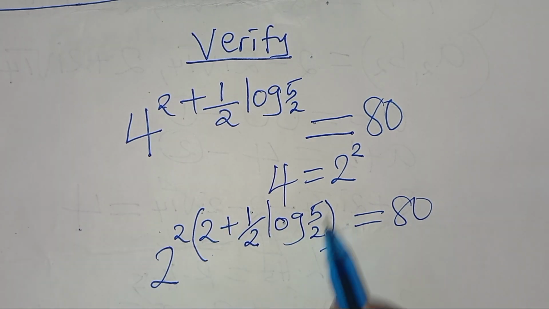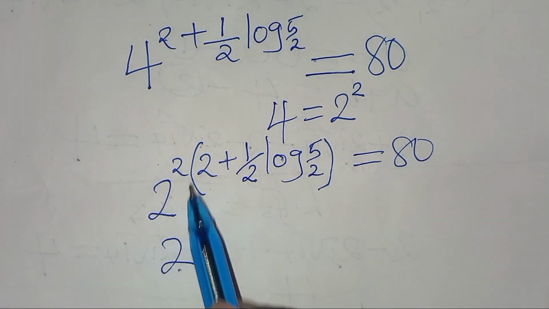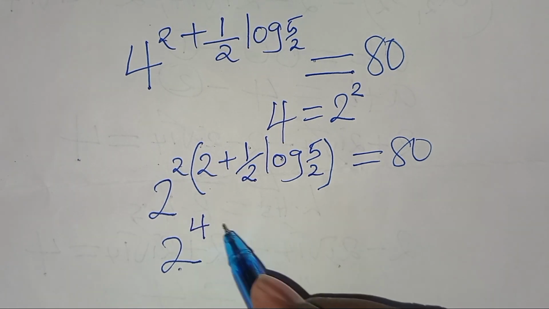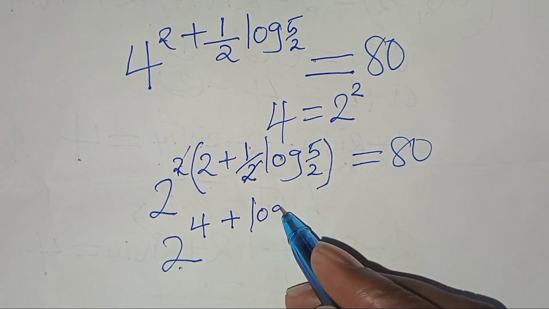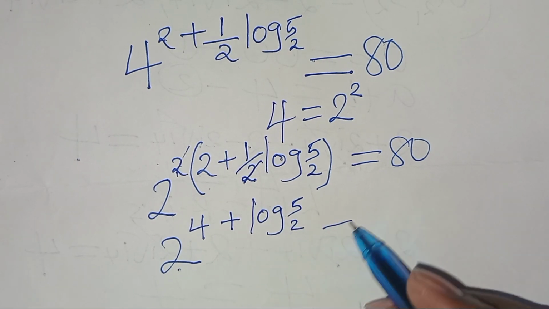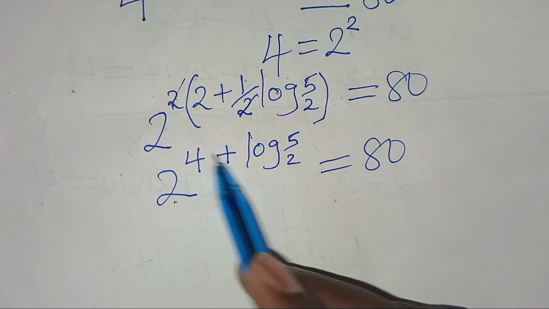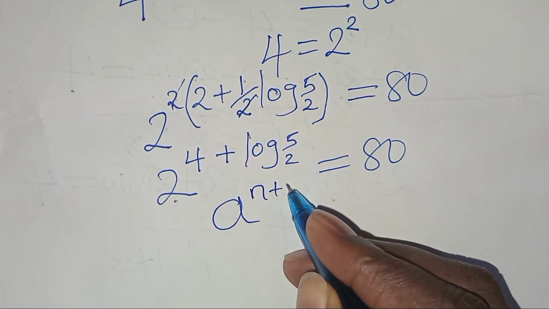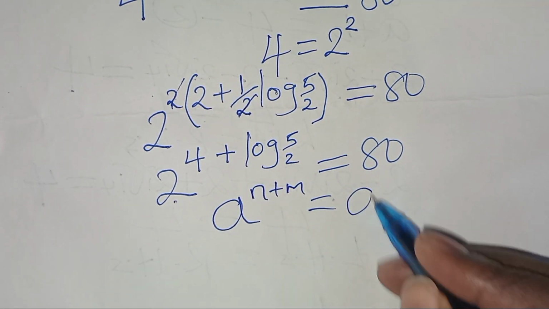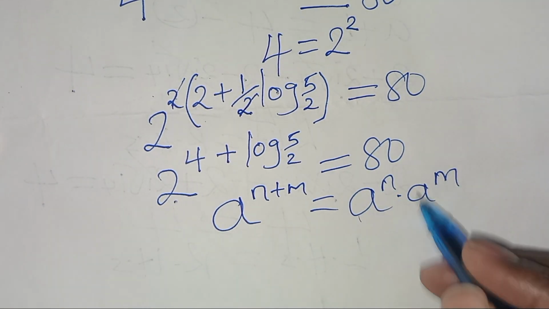Now let's open the bracket here. We'll have 2 to power 2 times 2, this is 4, plus, we simplify here, plus log 5 to base 2. This should give us a value of 80. Now you find that 2 to power 4 plus log 5 to base 2 is in the form of a to power n plus m, which you can express as a to power n multiplied by a to power m. So let's apply this property.